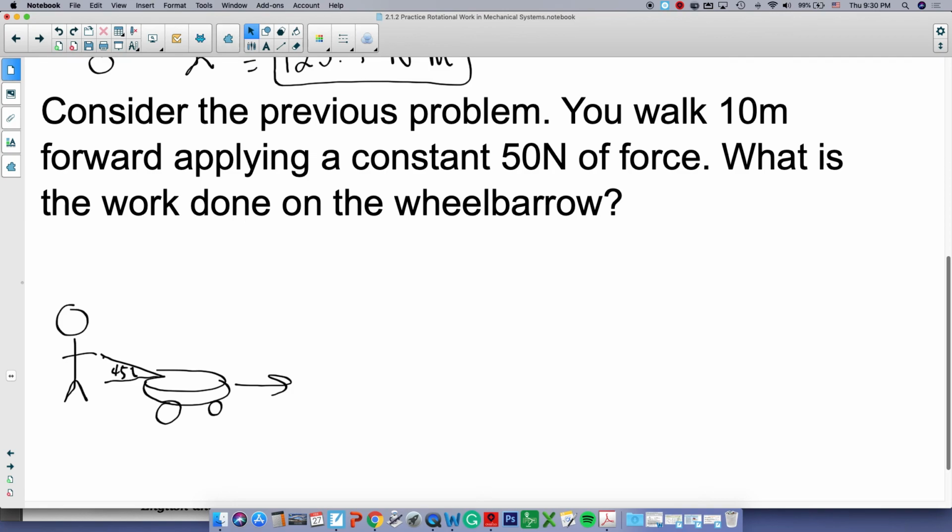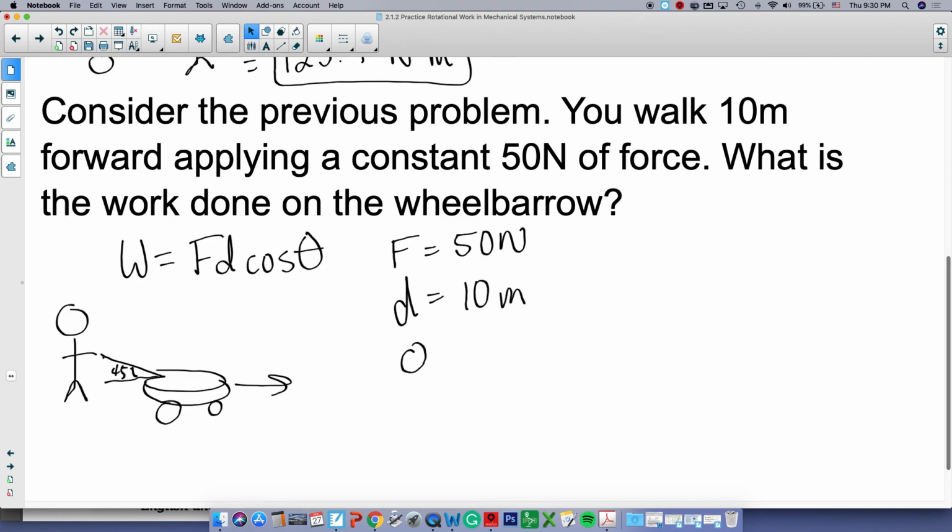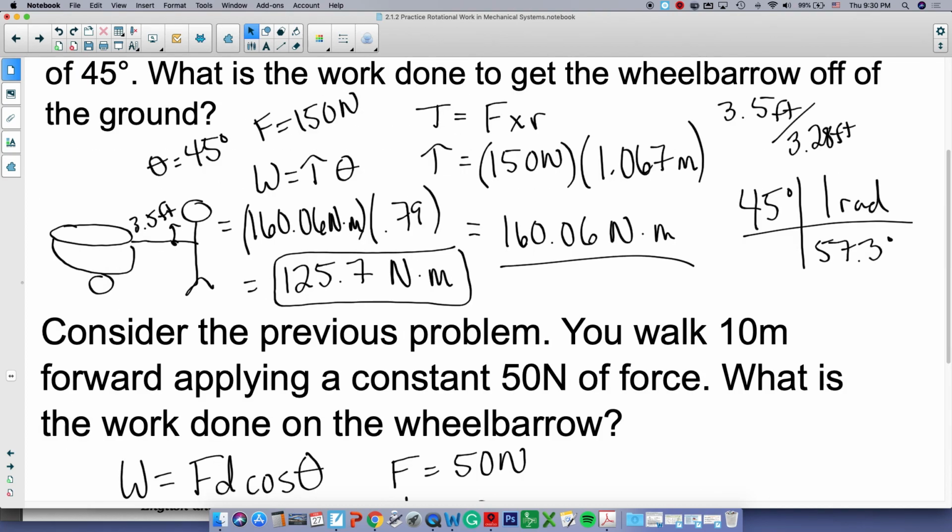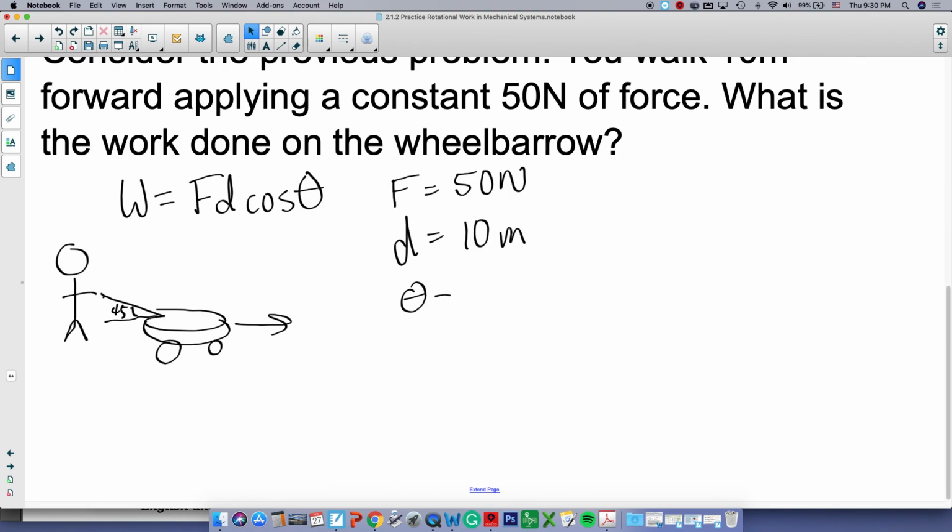Okay, so your brain should have said, well, we're pushing something on an angle, or pulling something on an angle, so that means we're going to have to use our equation with cosine. Because we're moving it, we want to figure out the amount of work moving it. So we got a force of 50 newtons, a distance of 10 meters, and the angle we're holding it at, which was 45 degrees.